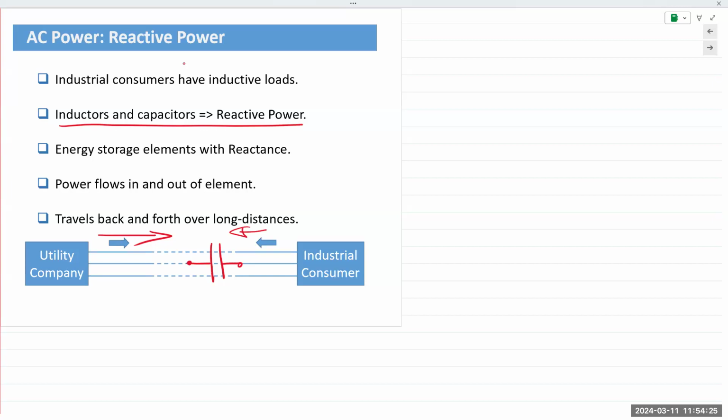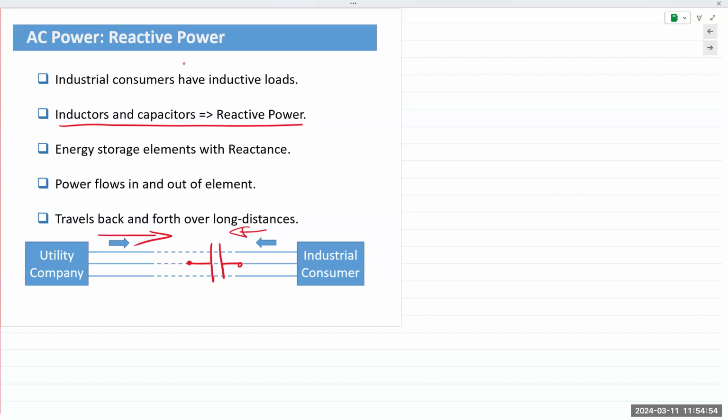When the switch is flipped on, the power will travel from the utility company to the inductive load once. All of that power will travel over the long distance transmission line only once, after which the power will come from the capacitor itself. So it will just travel a short distance rather than going all the way back and forth.